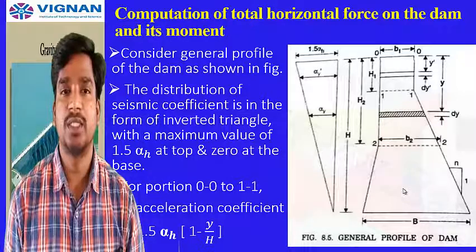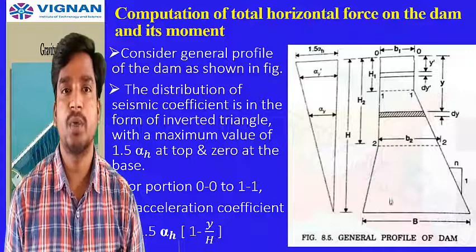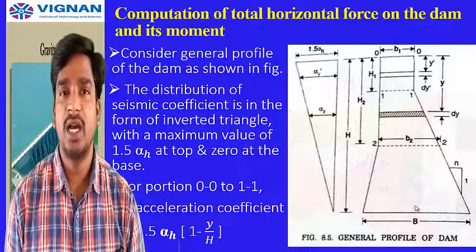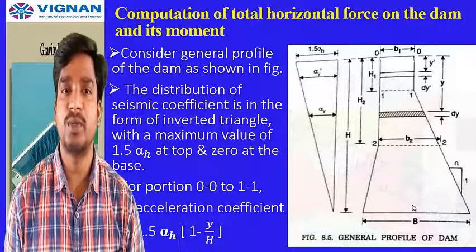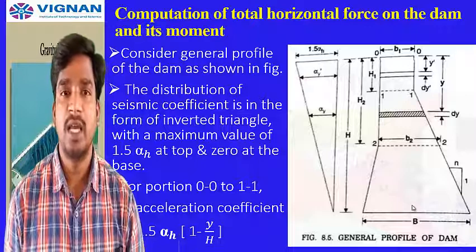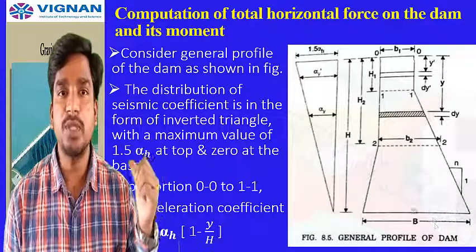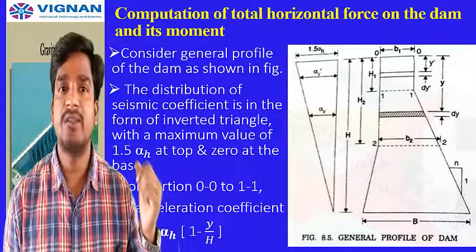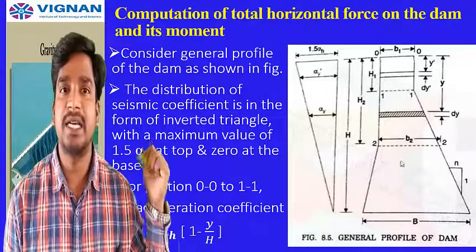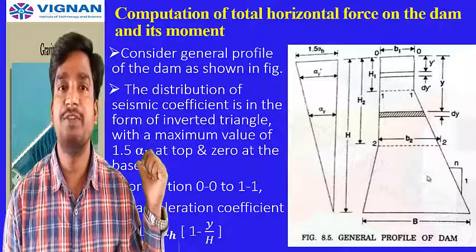With respect to the inertia force induced in the body by horizontal earthquake acceleration, we are going to compute the force, as well as how a moment is developed with respect to that inertia force. Here you can see in the picture a general profile of the dam, and beside it an inverted triangle.